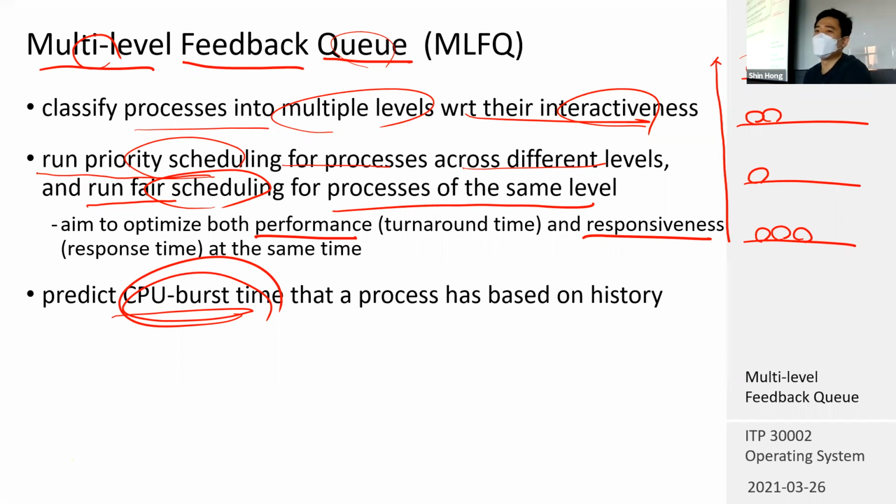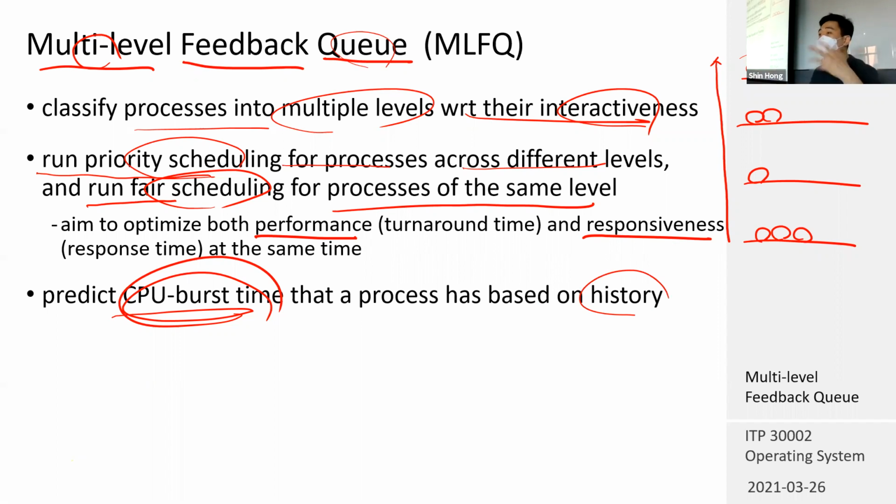It's really non-trivial. It'll be hard to achieve a perfect prediction, but we can achieve a pretty nice prediction once we use some historical data on the process. So the basic idea is that we first assume that all processes that are newly created have a short CPU burst time, so they just get a chance to use the CPU.